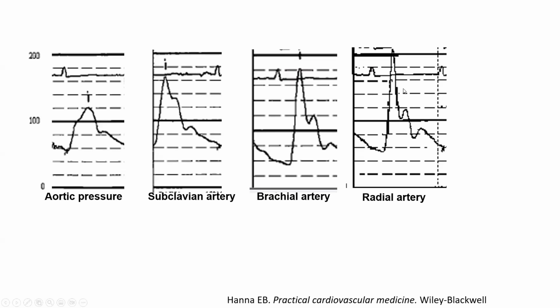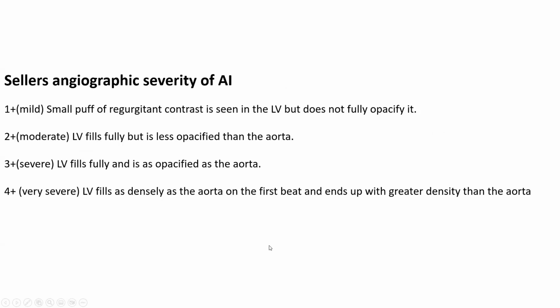And when the difference is over 40 millimeters of mercury in systole, especially over 60, it is suggestive of AI. And that's one reason why it's very hard to control the blood pressure in severe AI, especially the peripheral blood pressure. We still use angiography to assess AI and MR. It's still a helpful tool in questionable cases, along with MRI and TEE.